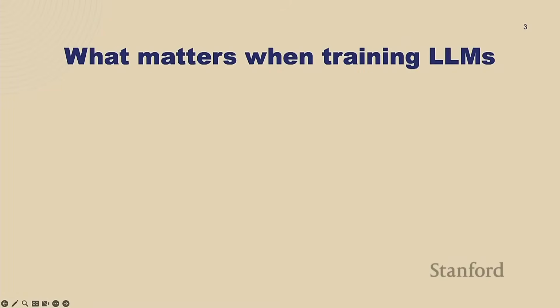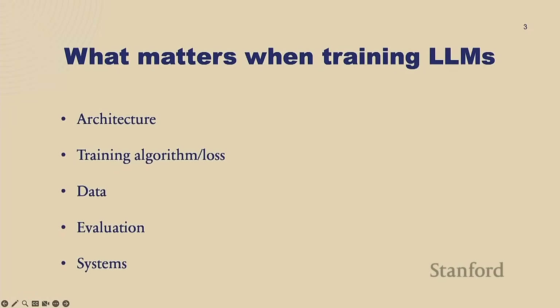Great, so what matters when training LLMs? There are a few key components that matter. One is the architecture. As you probably all know, LLMs are neural networks, and when you think about neural networks, you have to think about what architecture you're using. Another component which is really important is the training loss and the training algorithm, so how you actually train these models. Then it's data: what do you train these models on?